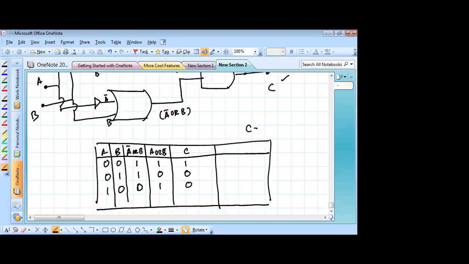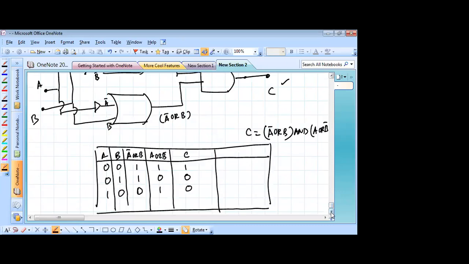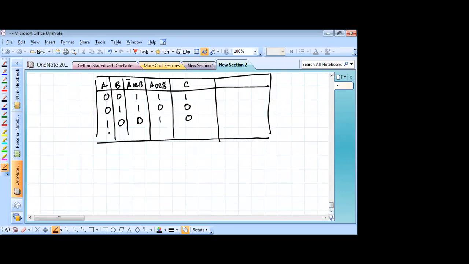Because remember, C was A complement or B and with A or B complement. It is the AND of the earlier two tables. And finally, if this is 1 and this is 1, then what happens here? This is also 1 because this becomes A complement, which is 0, or B, which is 1.